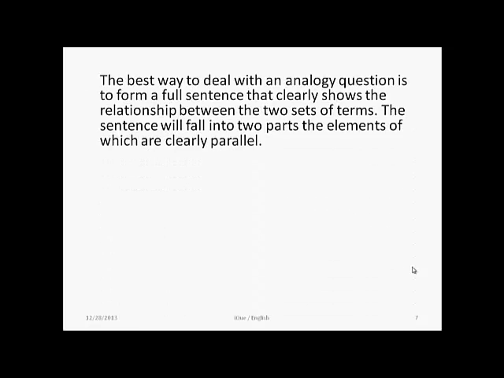Now, the best way to deal with an analogy question is to form a full sentence that clearly shows the relationship between the two sets of terms. The sentence will fall into two parts, the elements of which are clearly parallel. For example, epaulette is to what as cuff is to wrist.